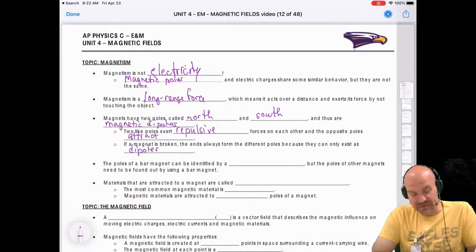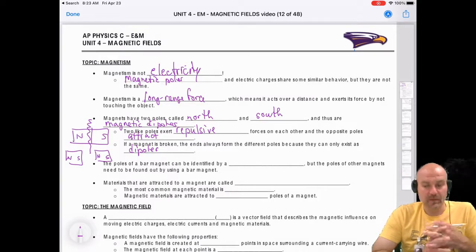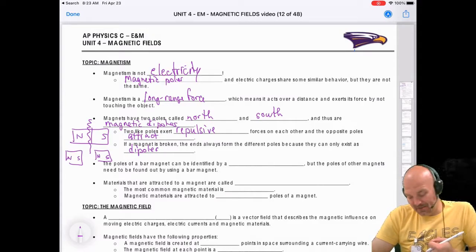We just mentioned that. So if I had a magnet that's north south, and I broke this magnet, so I have two pieces. Okay, what you'll find is that they will rearrange themselves so that you get a north and a south pole. Okay, they always exist as magnetic dipoles.